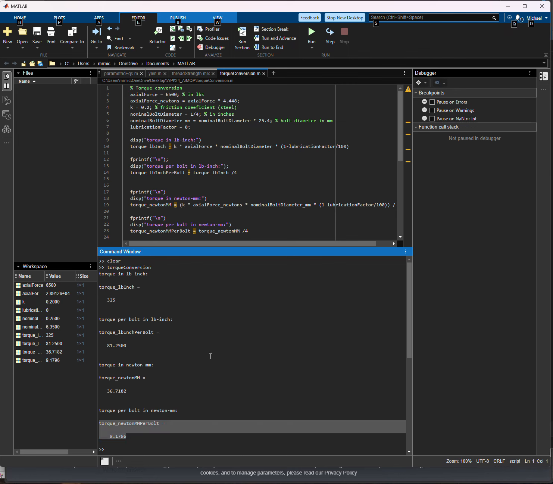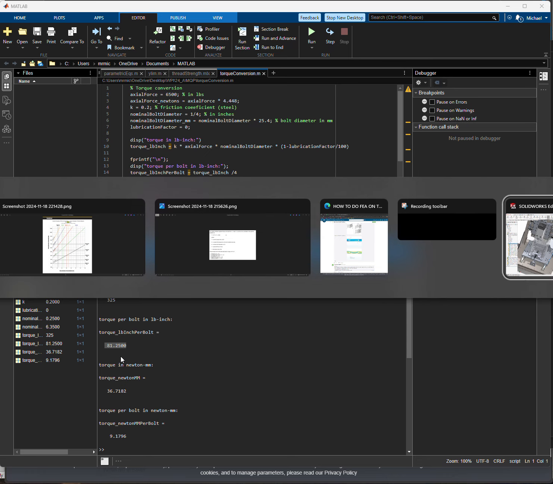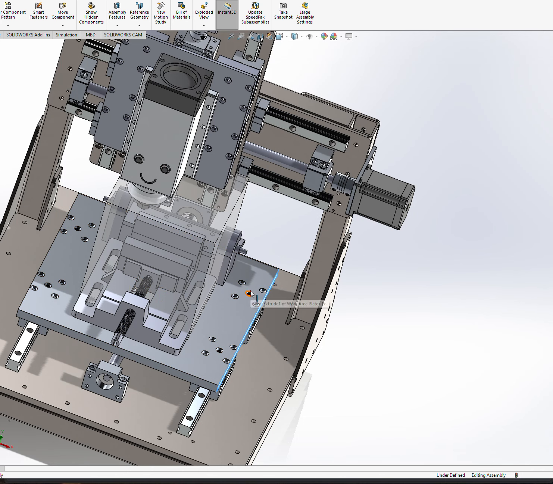So we have 325, and that ends up being 81.25 inch-pounds max per bolt. What I mean by that is every set screw is going to be surrounded by 4 bolts, so we have to divide that 325 by 4.